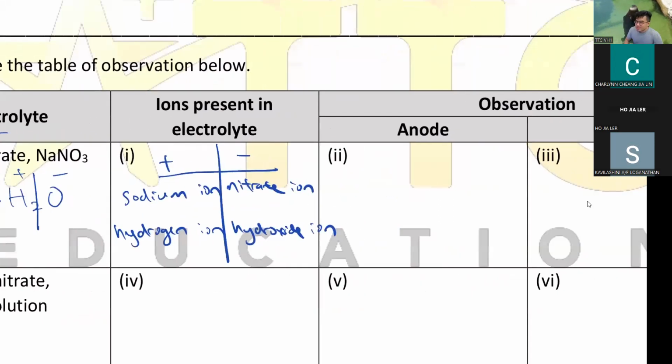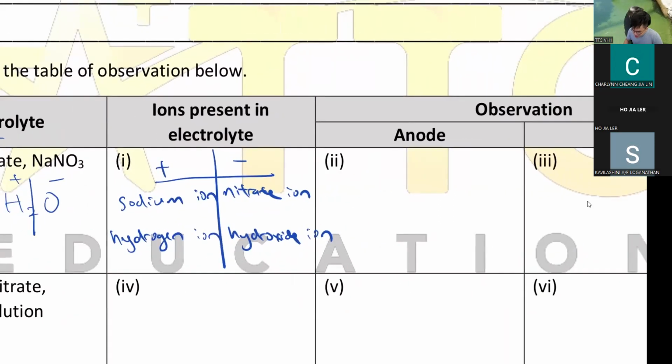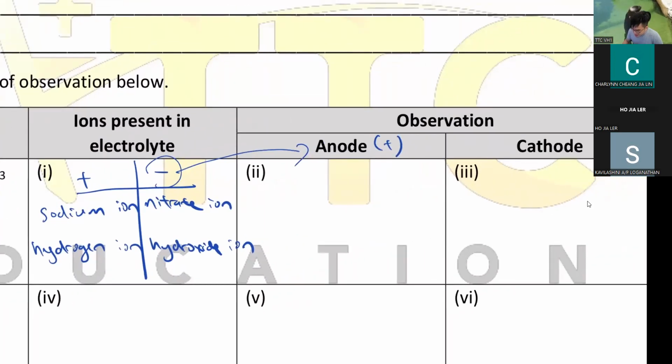So now what do we do? You see, anode. What is anode? Anode is positive. Positive will attract negative, and negative will attract positive. Yes, hydroxide will be chosen.